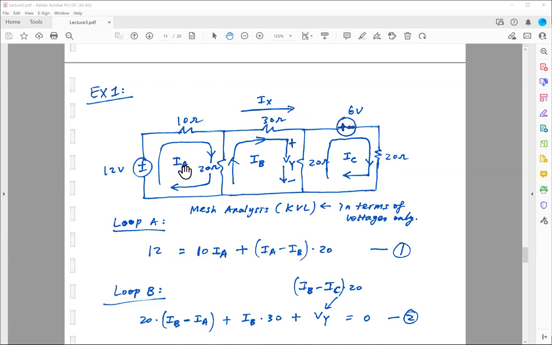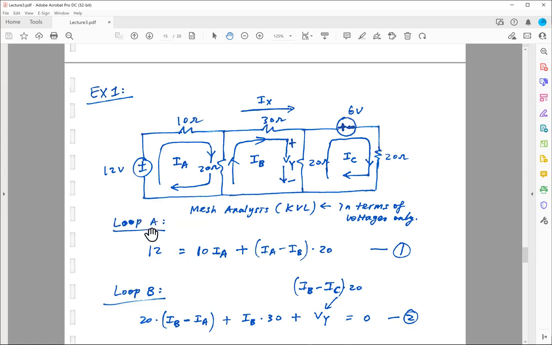Based on the answers that I find for IA, IB, and IC, I can find unknowns such as IX, which is the current flowing through this 30 ohm resistor. And if I want, I can also use the information from IA, IB, and IC to find the node voltage. For example, what is the voltage drop across this 20 ohm resistor? So this is going to be illustrated using this example.